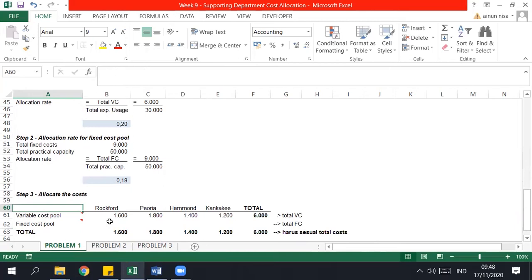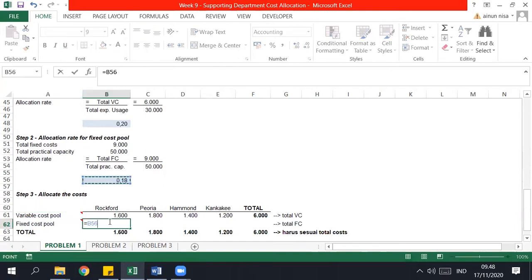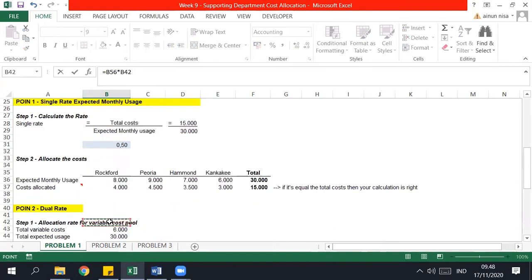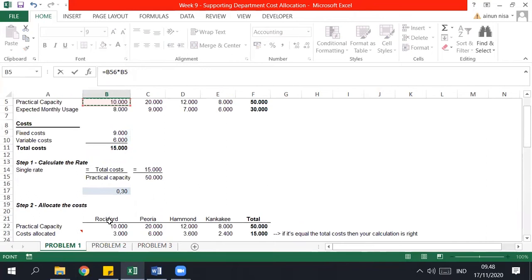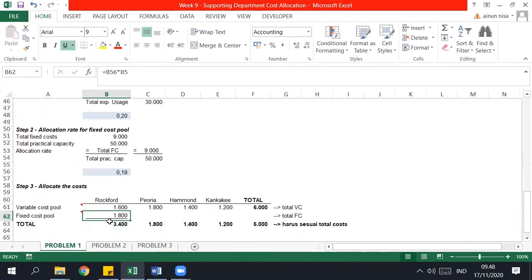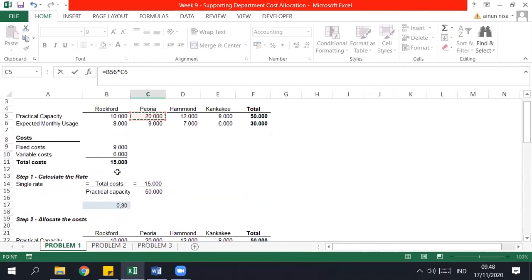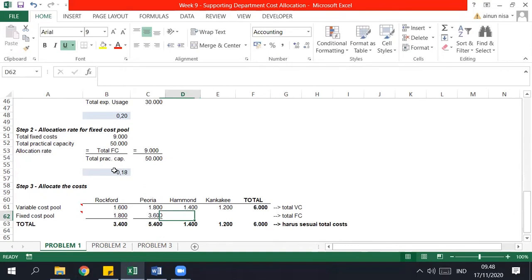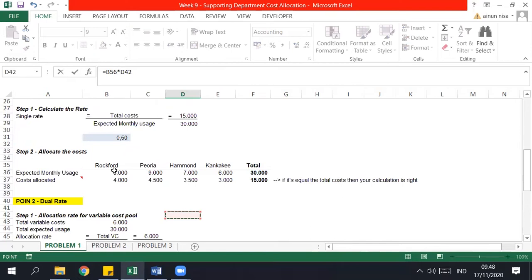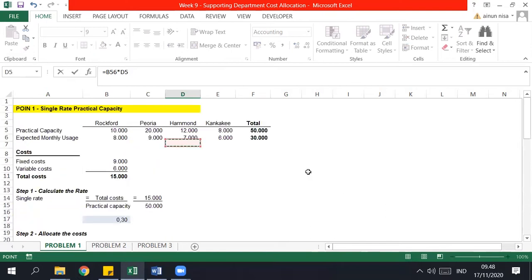And for Rockford, it is 0.18 times the practical capacity of Rockford, which is 10,000. And for Peoria, it is 0.18 times 20,000, the practical capacity. And for Hammond, it is 0.18 times 12,000.